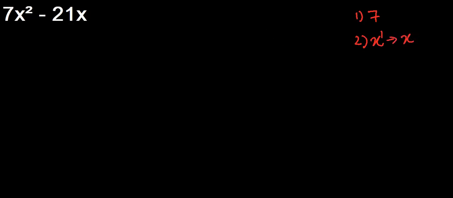Now for our last step, which is our third step, we have to actually combine all the information we have. So we have 7 and x. And after that, we have to make a set of parentheses if we're factoring a binomial.